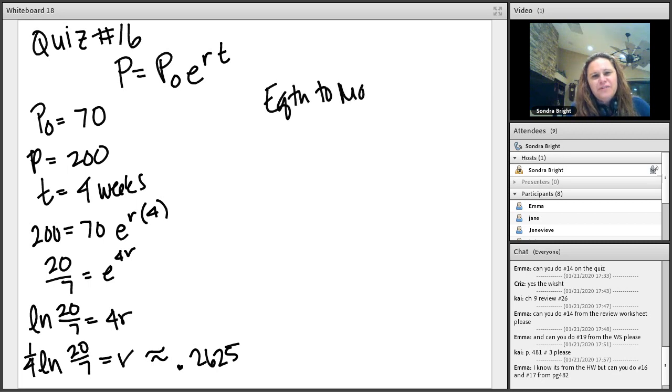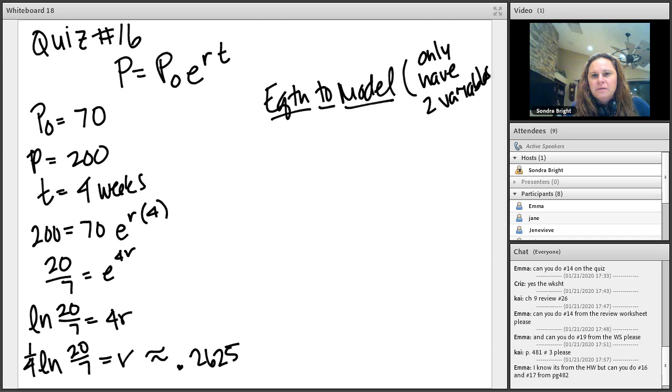And so the equation to model, I had lots of different answers on the quiz when we're asking for an equation to model. Keep in mind you should only have 2 variables. I'm going to have p as a variable and t as a variable. Those are the only 2.